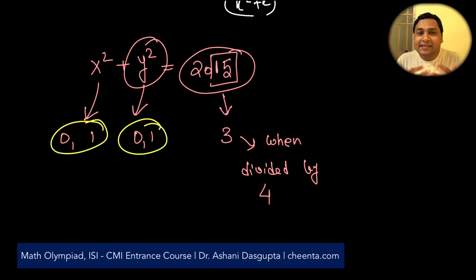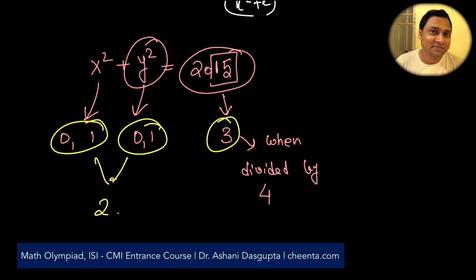So the sum of the two square quantities can at most be 2. If you add up the remainders, the highest possible value can be 2, if both x squared and y squared produce 1 as remainder. It can never be 3. So there is no solution to this particular equation.